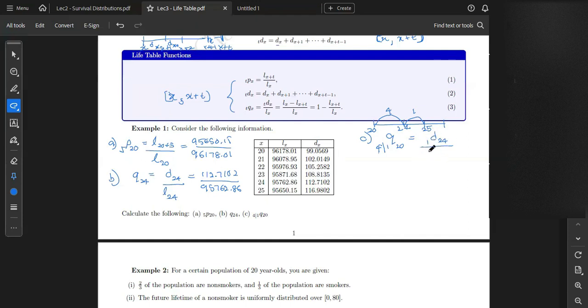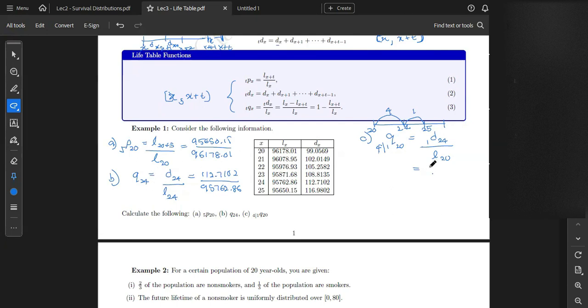And then the starting age is 20. That's why we need L20 here. So you can see the difference. Here we had D24 and L24 because the age was 24. But in part C, the death occurs in the same interval, but the observation begins at age 20, whereas in part B the observation begins at age 24.